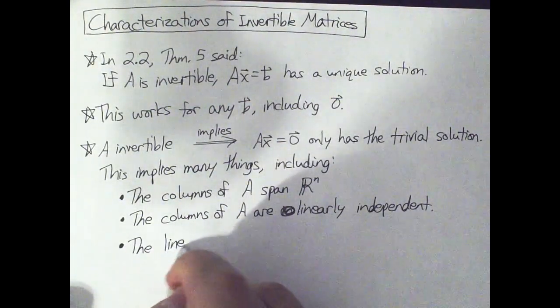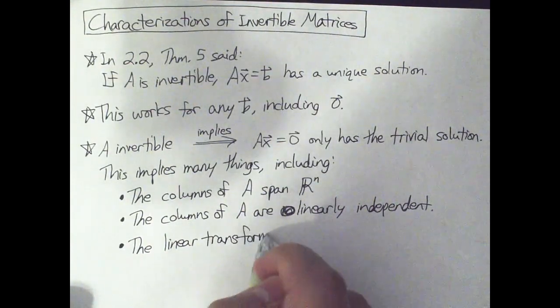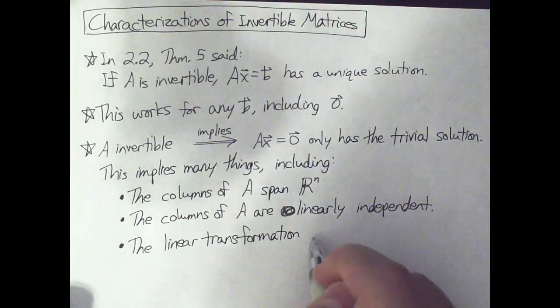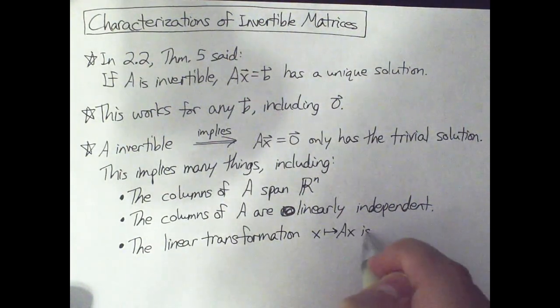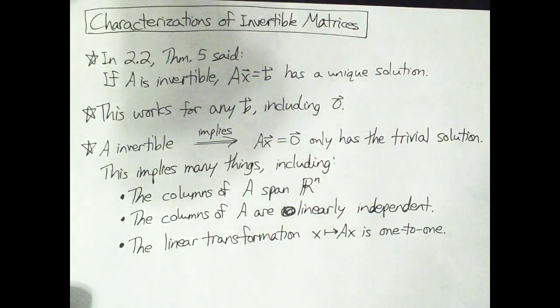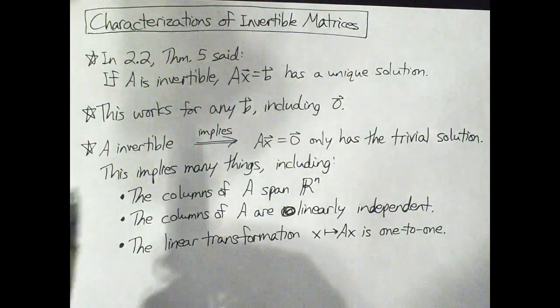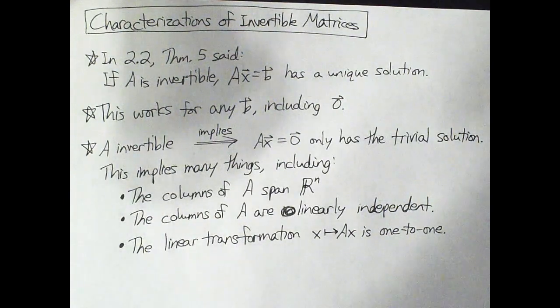How about this one? The linear transformation X maps to AX is 1 to 1. We can get all of that from A being invertible.